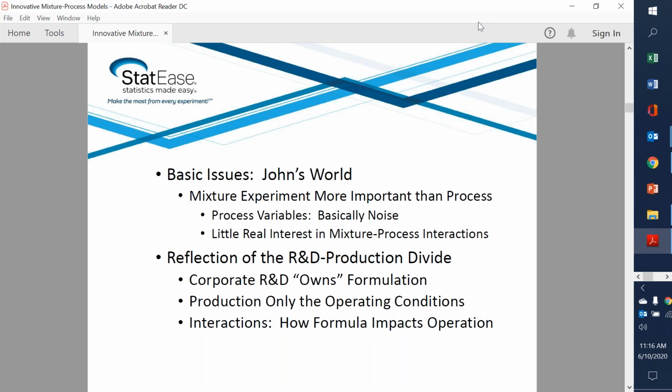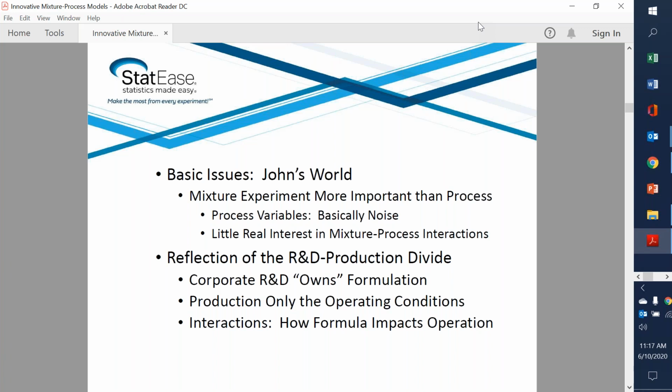There are some basic issues here. In John's world, as I said, he really viewed the process variables very much like Taguchi noise factors. They weren't the primary interest. And ultimately, when you really worked with him, the mixture process interactions were less important, even though his models would allow you to estimate every interaction in the world.